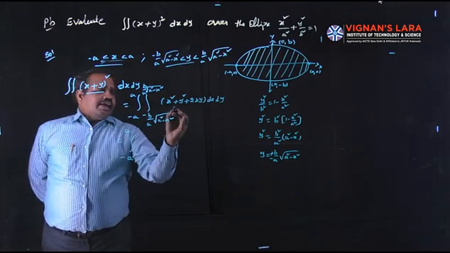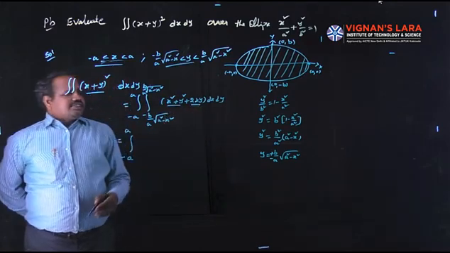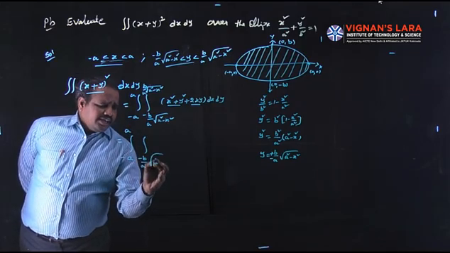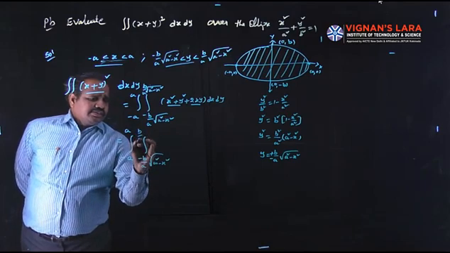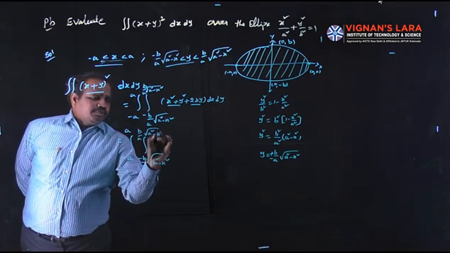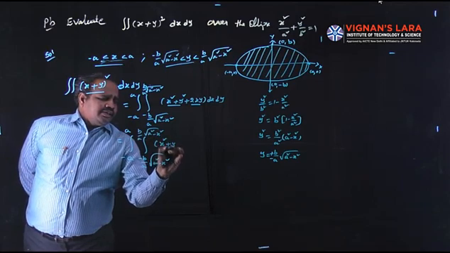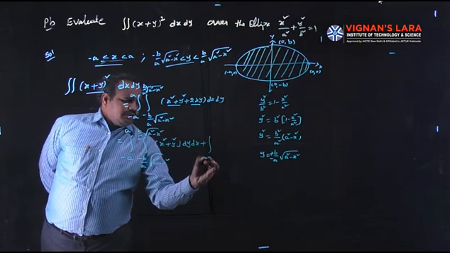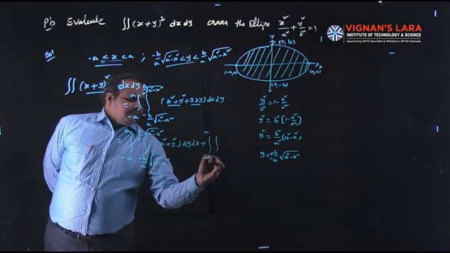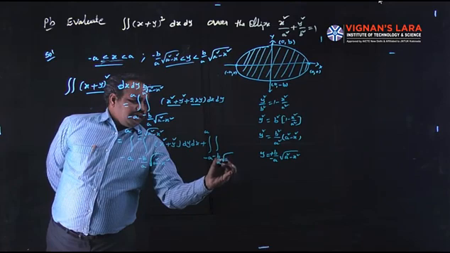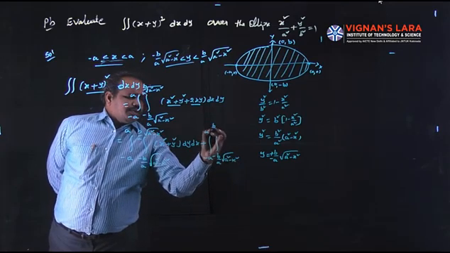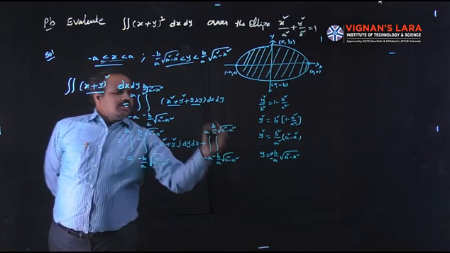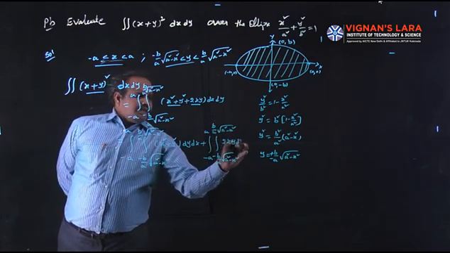And here I am splitting this into two integrals, one integral having the x square plus y square term, and another integral having the 2xy term, with limits minus a to a and minus b by a under root of a square minus x square to b by a under root of a square minus x square, 2xy dy dx.